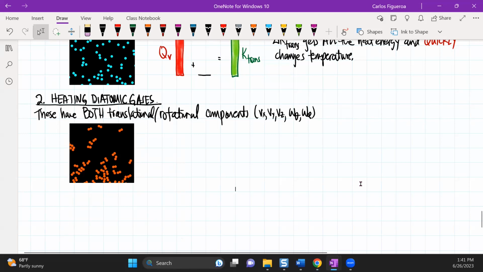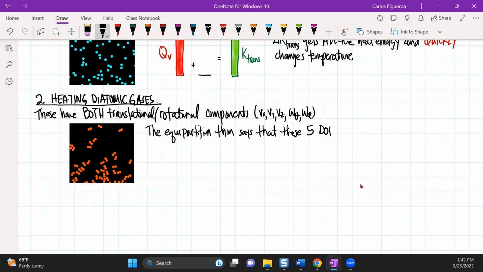So now what you're seeing here is that the equipartition theorem, not equilibrium, partition theorem says that these 5 degrees of freedom get 1/2 kBT each.